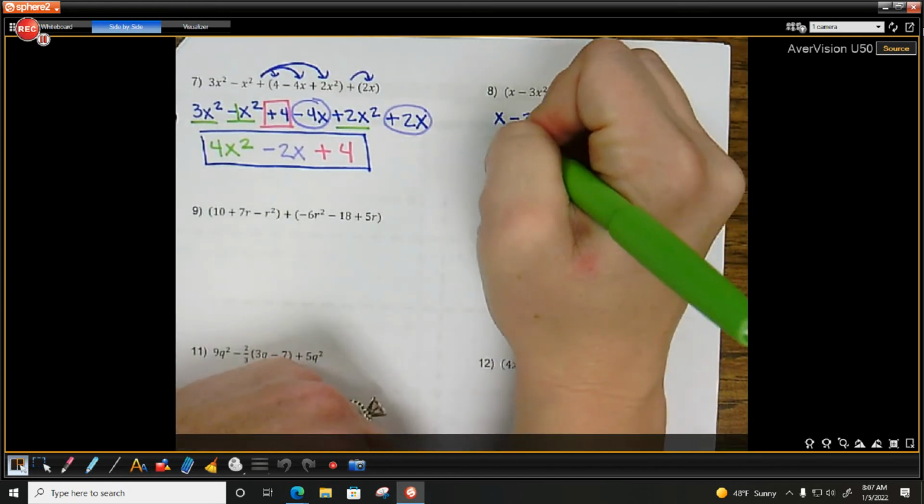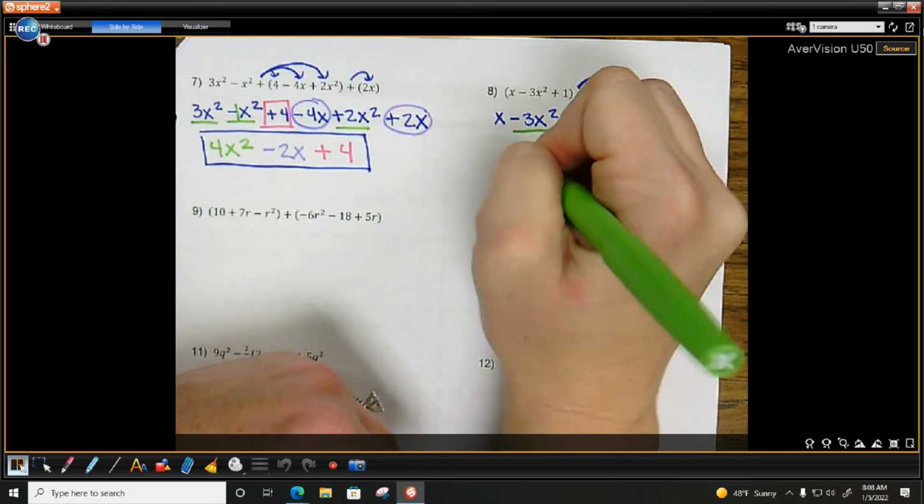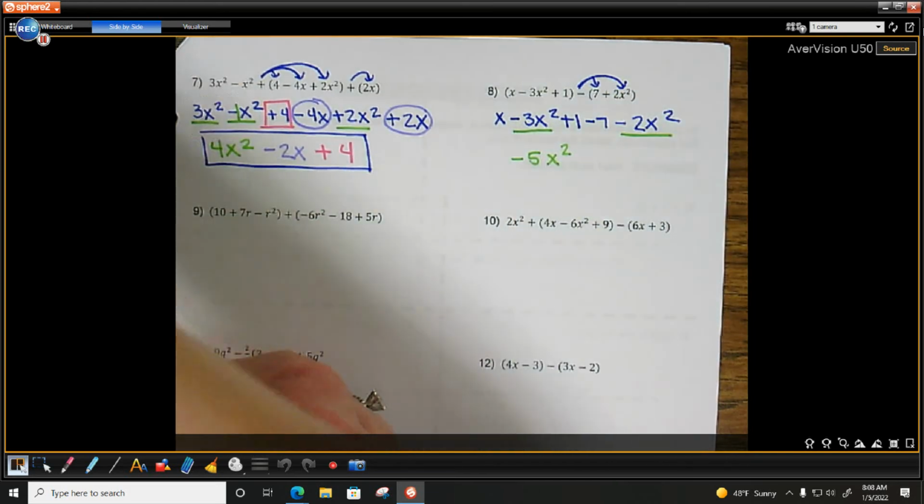The negative 3x squared. Is there another like term with that? So what's negative 3 minus 2? Negative 5, and what's your variable? X squared. Very good. Now let's go on to our x term.